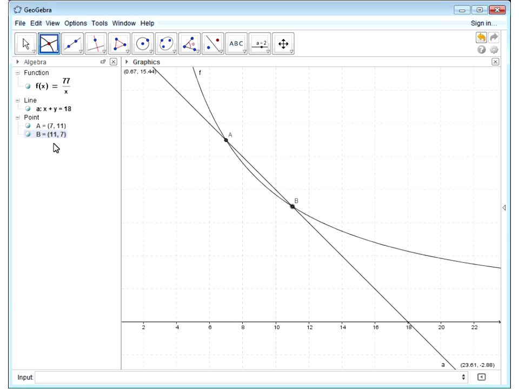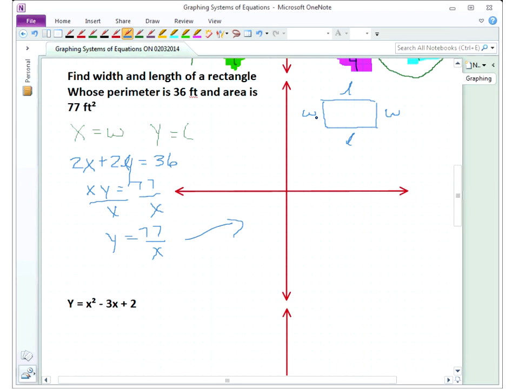Now here's the problem. I've got two solutions. I've got x equals 7 and y equals 11, but then I've got x equals 11 and y equals 7. And the reason for that, like I was telling you when we initially drew our little rectangle out here, I said it doesn't matter if you put the width here, the length here, right?